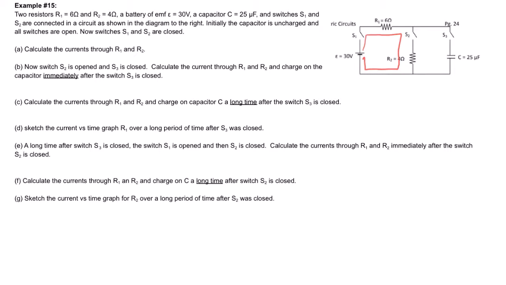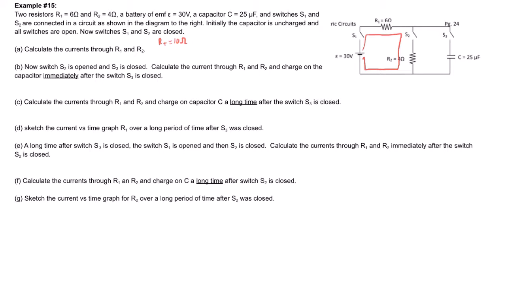Well, in order to do that, I'm going to need to know the total resistance. Because they're in series, then I know that the resistance total is going to be 10 ohms. I just add them together because they're in series. You can check that formula in your formula packet if you want to.